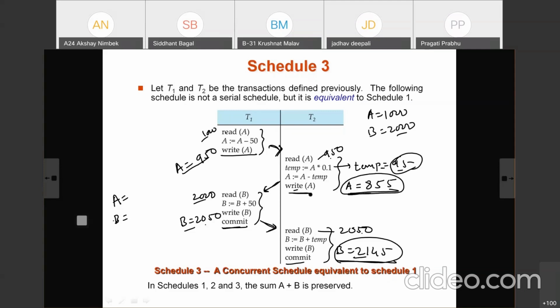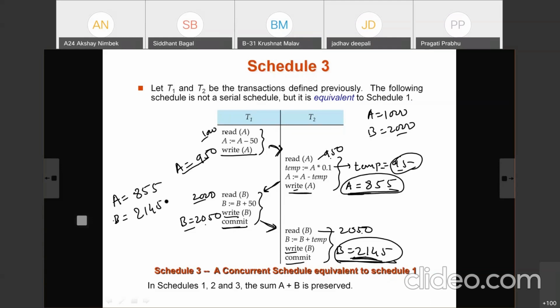So what is its value stored in the database? 855. Now about B. Who wrote the final value of B? T1 or T2? T2. So what did it write? It wrote 2145.